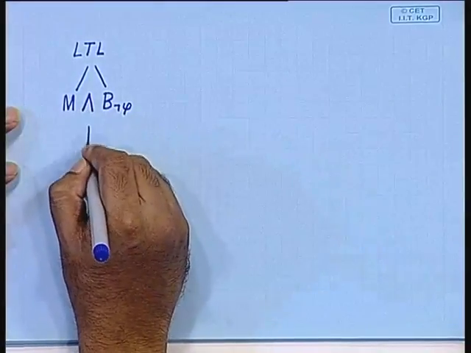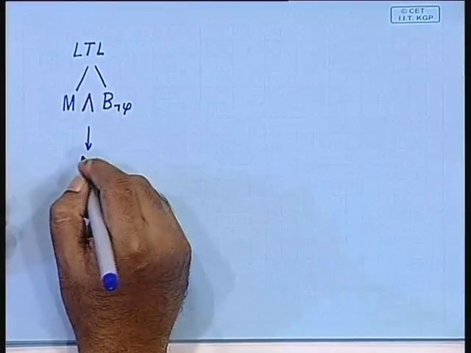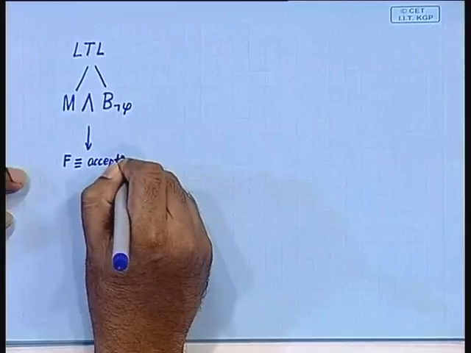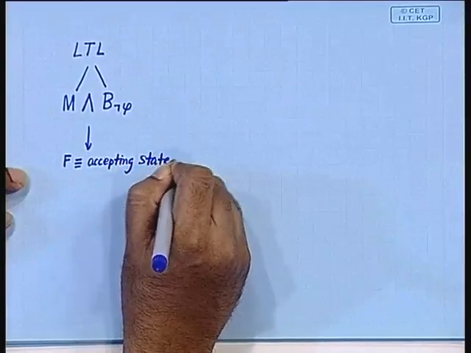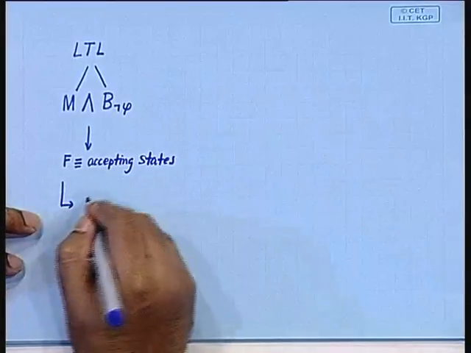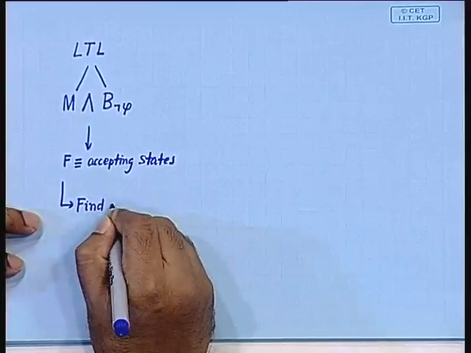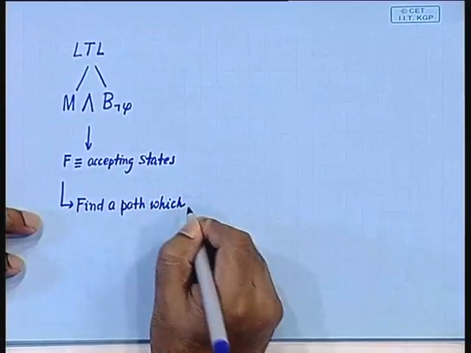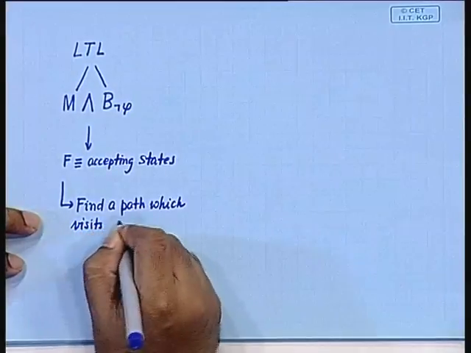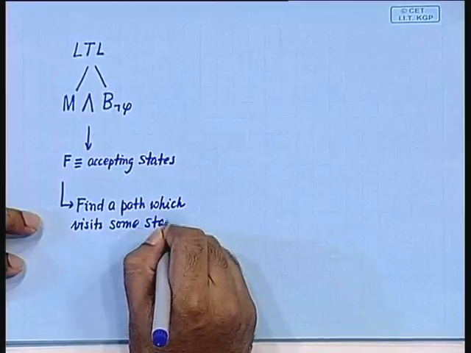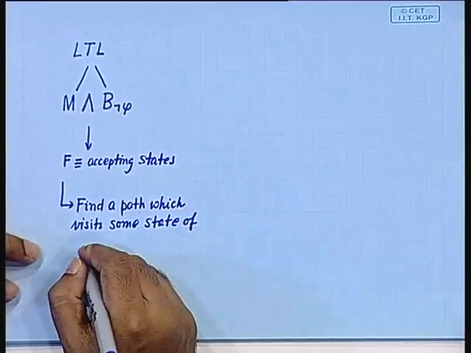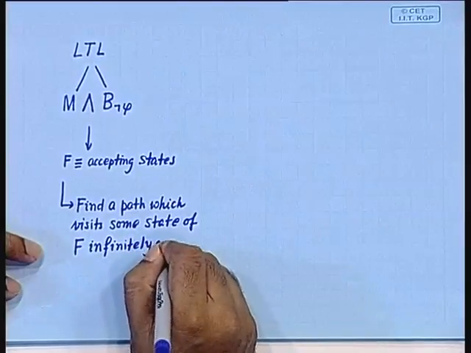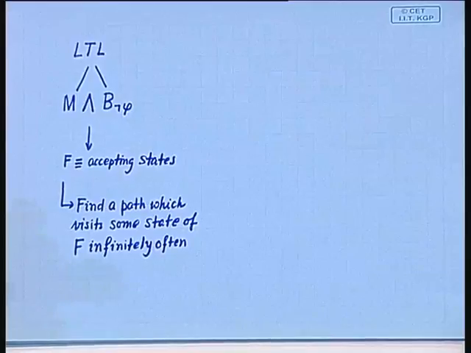For this product, where F is the set of accepting states, we want to find a path which visits some state of F, right.